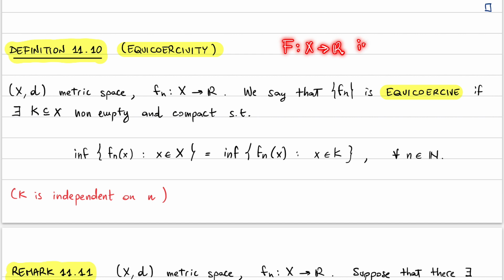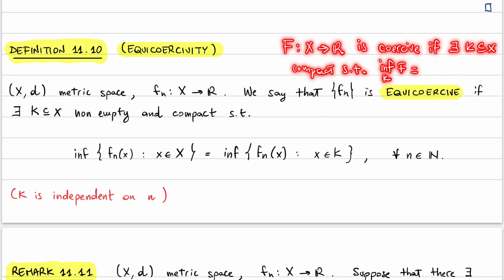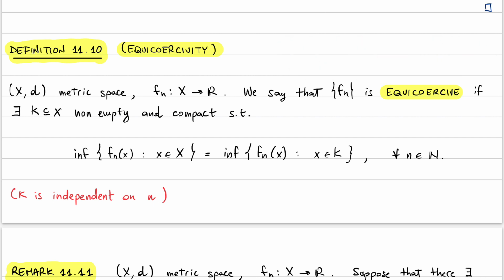So F is coercive if there exists K contained in X compact, so K has to be compact, such that the infimum over K of F is equal to the infimum over the whole space of F. And now we just require this condition to hold uniformly for a sequence of functionals.